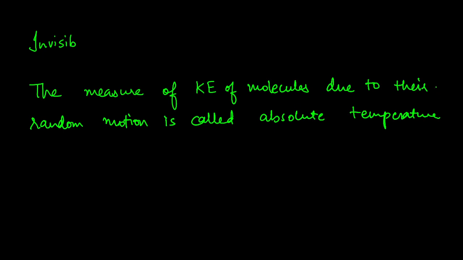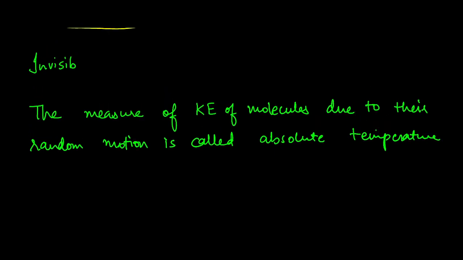Do you know what this means? That how much is the temperature? If you want to decide that, then you should look at the kinetic energy of the molecules due to their random motion. No, translational won't come here, right? Because we have only covered the very basics so far.